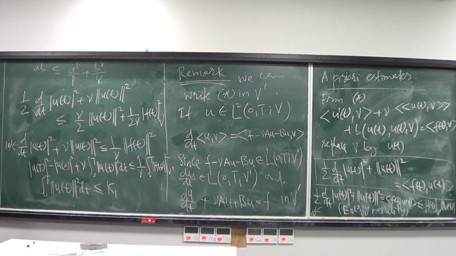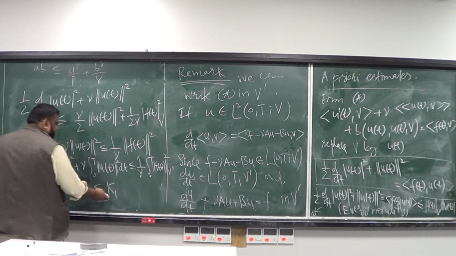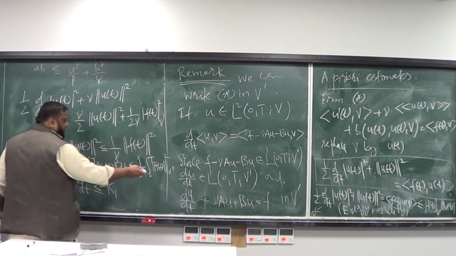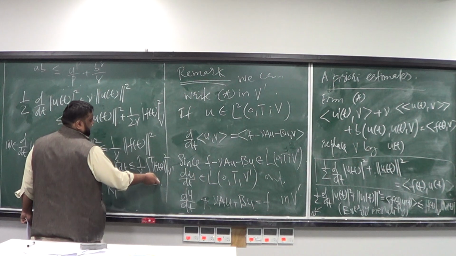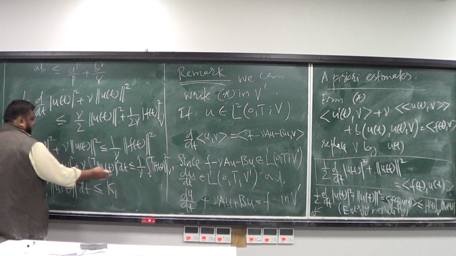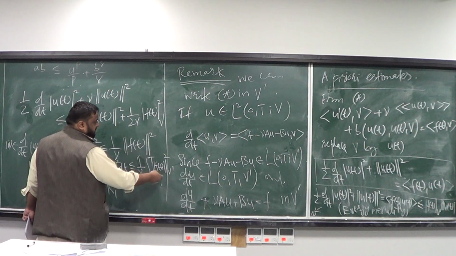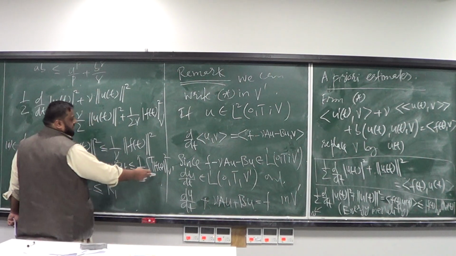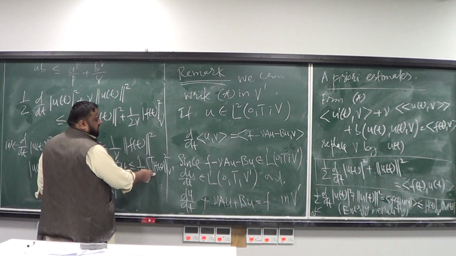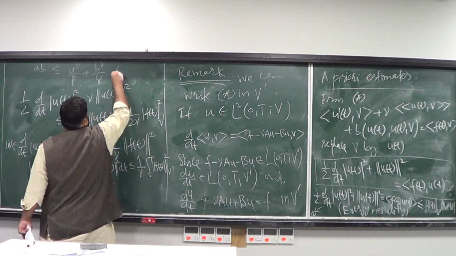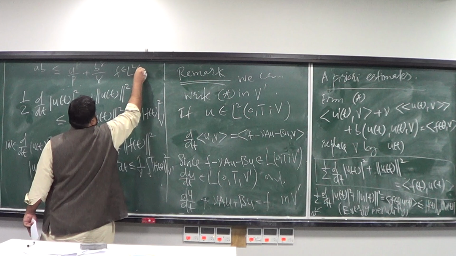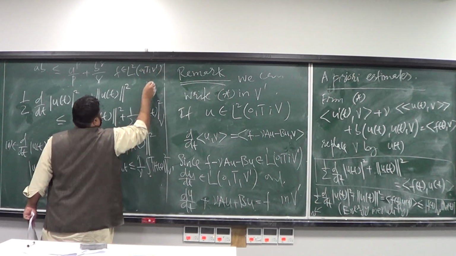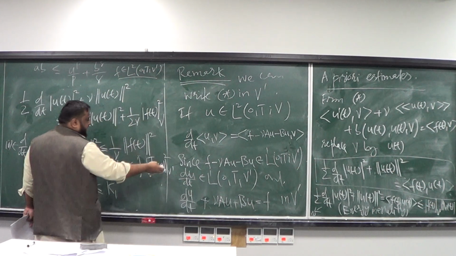The constant k1 depends on this norm, and this is finite, because if you see the definition of f, f was chosen from L² of 0 to t with values in V′. So this is a finite number.